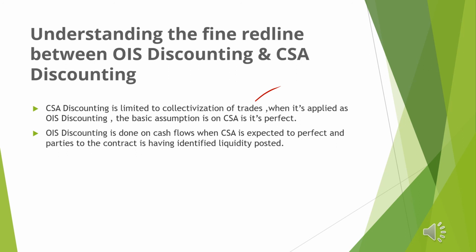The basic assumption on CSA is that it's perfect, and OIS discounting is done on cash flows when CSA is expected to be perfect, and the parties to the contract have identified liquidity posted.